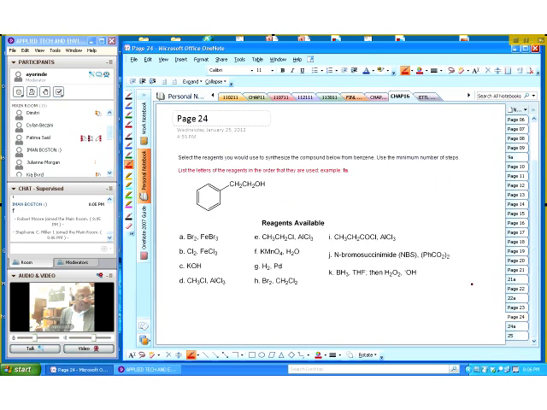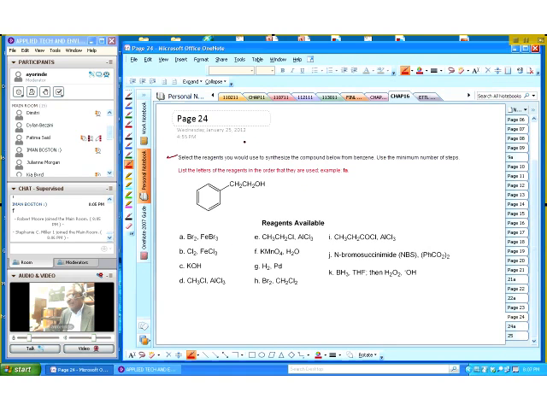Okay. Emma, go ahead and read this question for us. Select the reagents you would use to synthesize the compound below from benzene. Use the minimum number of steps. Okay.